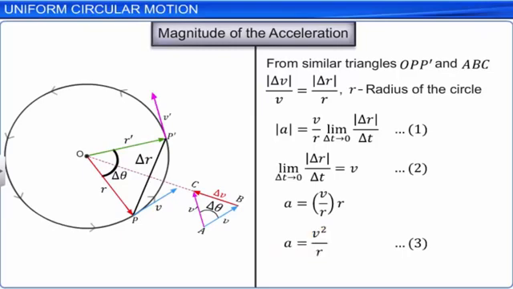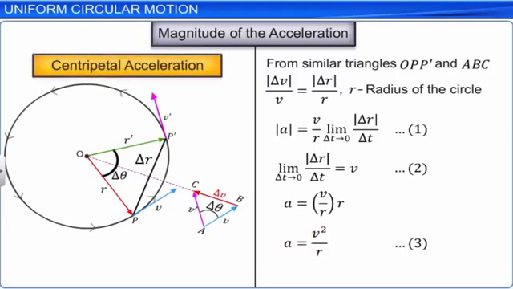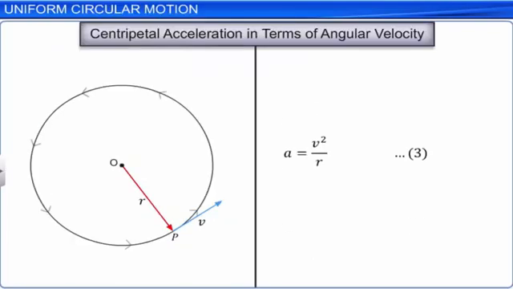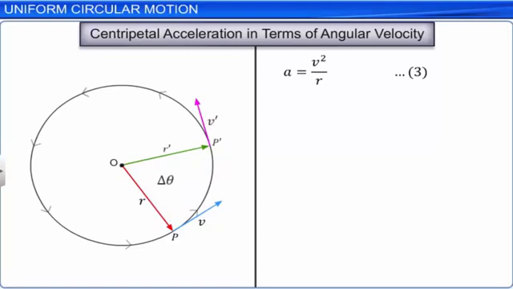Now, let us find the centripetal acceleration in terms of angular velocity, omega. As the body moves from P to P dash in time delta t, the line OP turns through an angle delta theta. As you know, omega is equal to delta theta by delta t.